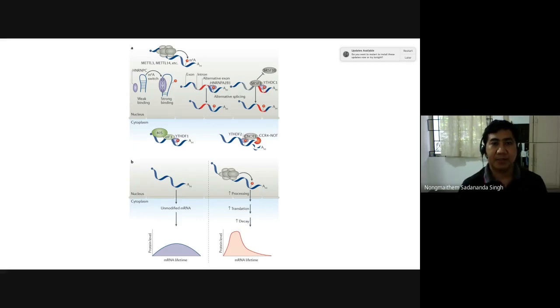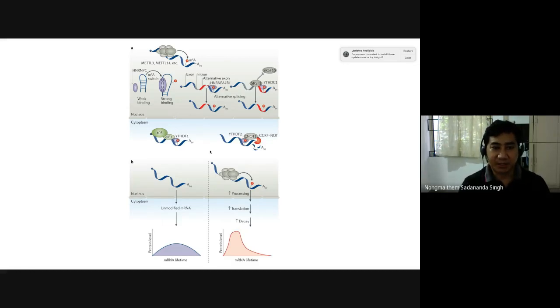Many times this kind of alteration is co-transcriptional, because we know that splicing happens even before the completion of transcription. So at the transcription level, it can change the splicing pattern. It can be alternate splicing, or slow down the rate of splicing. This can happen.